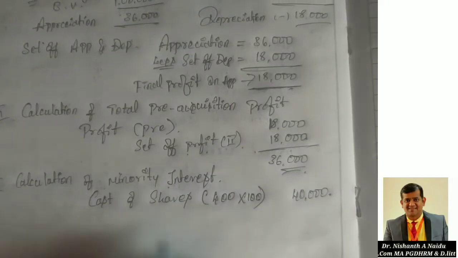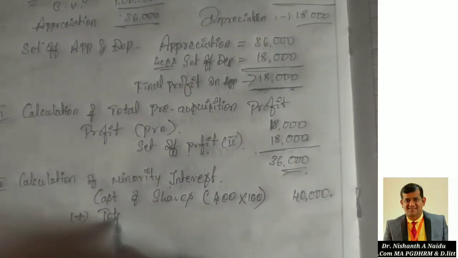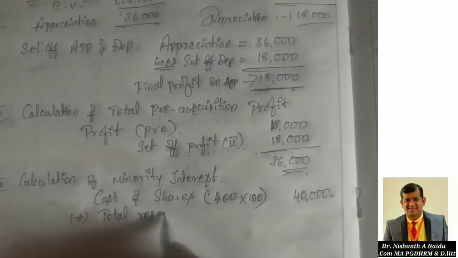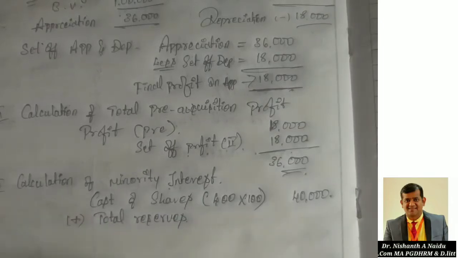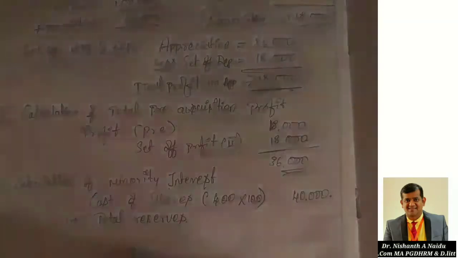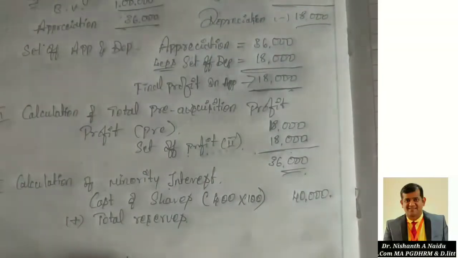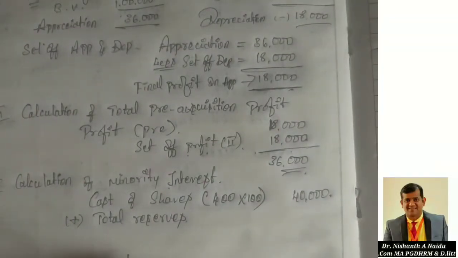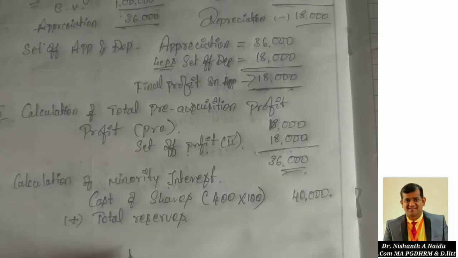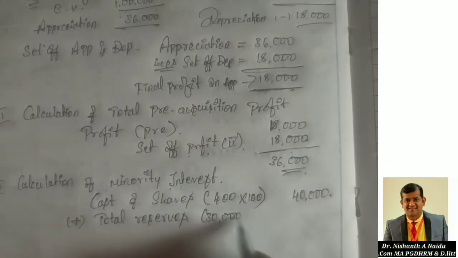Okay. Then add total reserves. How much total reserves are there? Check the general reserve on the liability side of the balance sheet of S Company Limited. How much? 30,000 rupees.